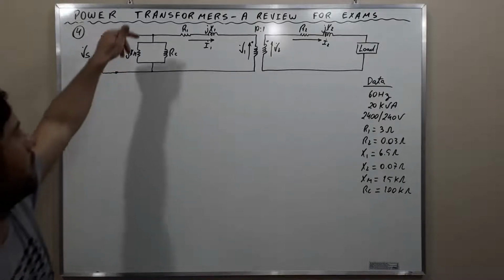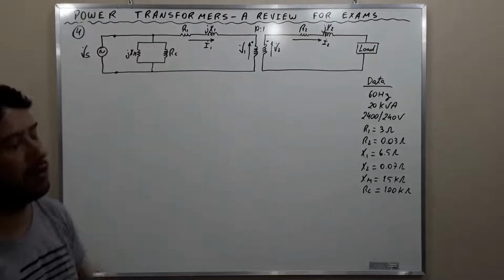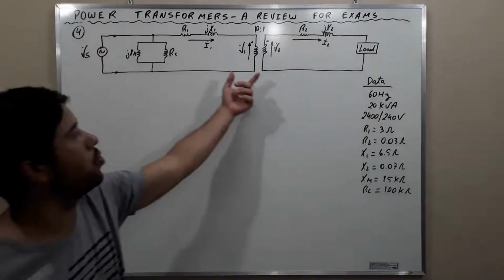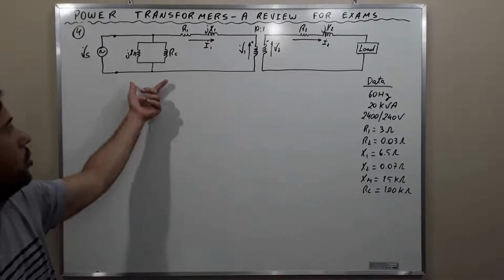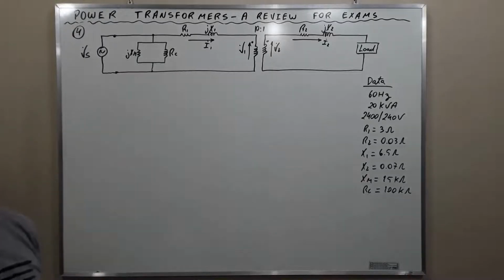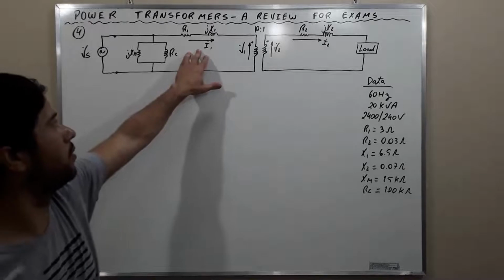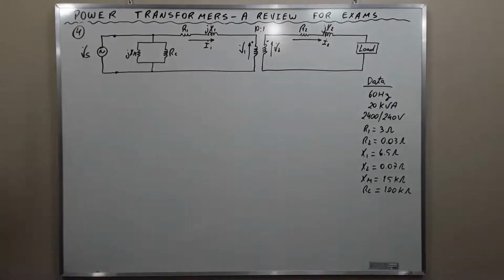And since the magnetization current is much less than this current, we can move the magnetization branch to the left of this impedance here, with only a little impact on accuracy.